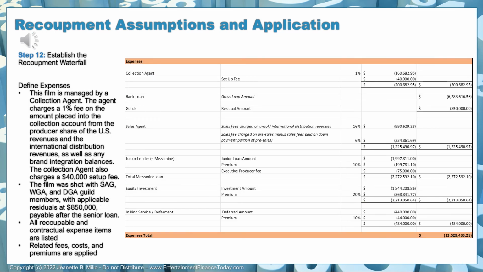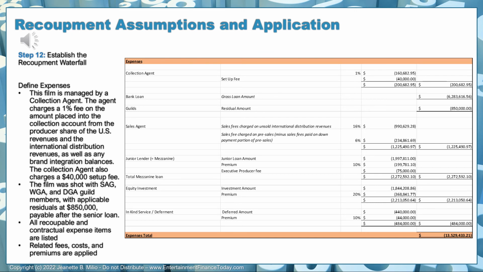We have established our revenues, and now we need to deduct our expenses. So let's define them. The collection agent is going to charge us 1% of the amount that has been paid into the collection account, which was 16,068,294.53. So 1% of that is 160,682.95.